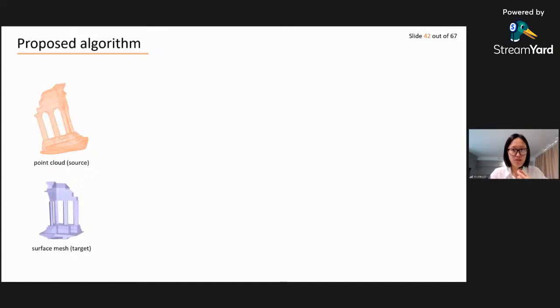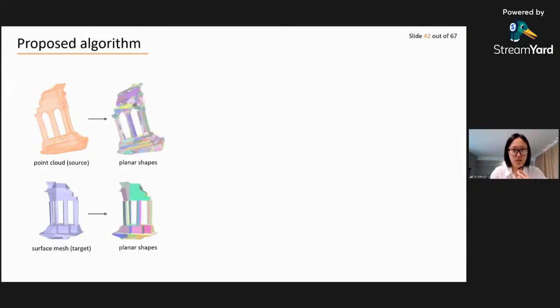Starting from the input composed of a point cloud and a surface mesh, the proposed algorithm first extracts a set of planar shapes from the pair using region growing. For each set of planar shapes, we analyze their surface normal distribution, as illustrated by the arrows. We estimate 3 dominant axes from the distribution using the EM algorithm.